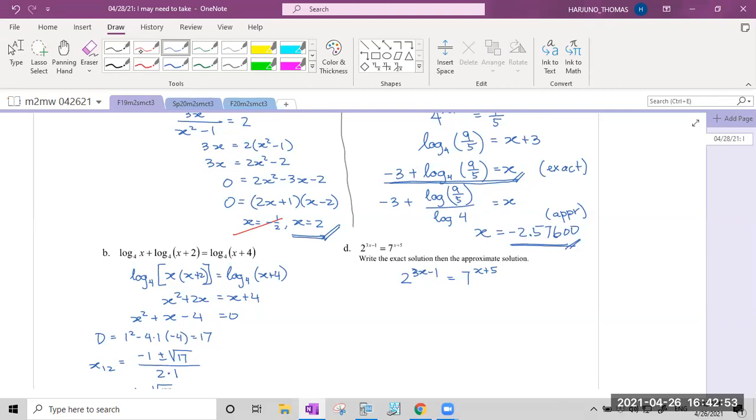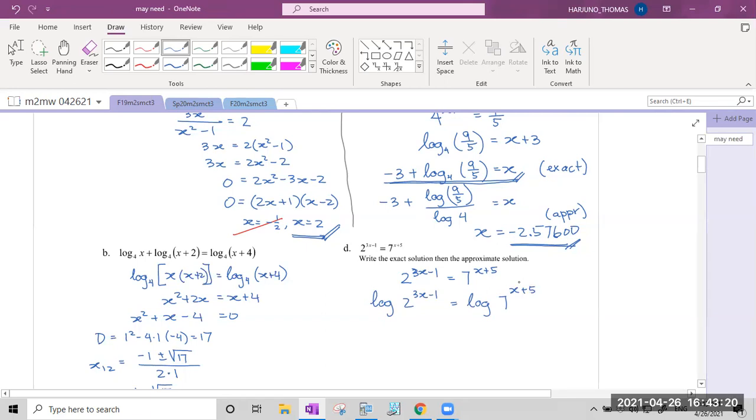Let me just do it in base 10 right away. Yeah, but again, you can use base 2, you can use base 7, you can use base e. Let me use base 10. I apply log to both sides. And in general, it is okay to apply a certain function to an equation as long as you are sure that function is 1-to-1. Log function is 1-to-1.